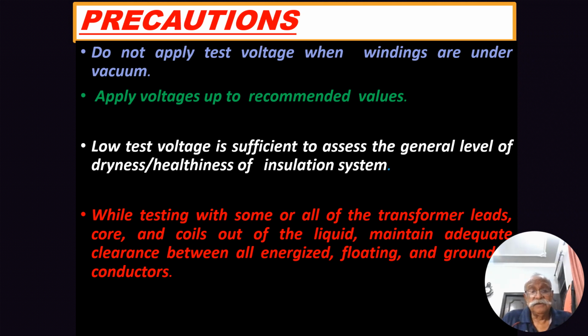While testing with some or all of the transformer leads, core and coils out of the liquid, maintain adequate clearance between all energized, floating and grounding conductors. The very meaning of this is that the transformer should be properly oil filled and insulated, as good as the transformer is in service, and there should be no vacuum or less oil in the transformer.